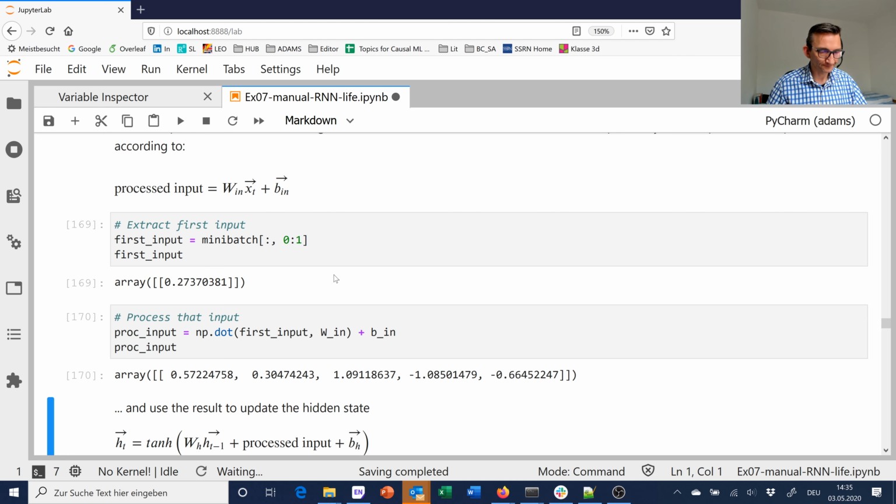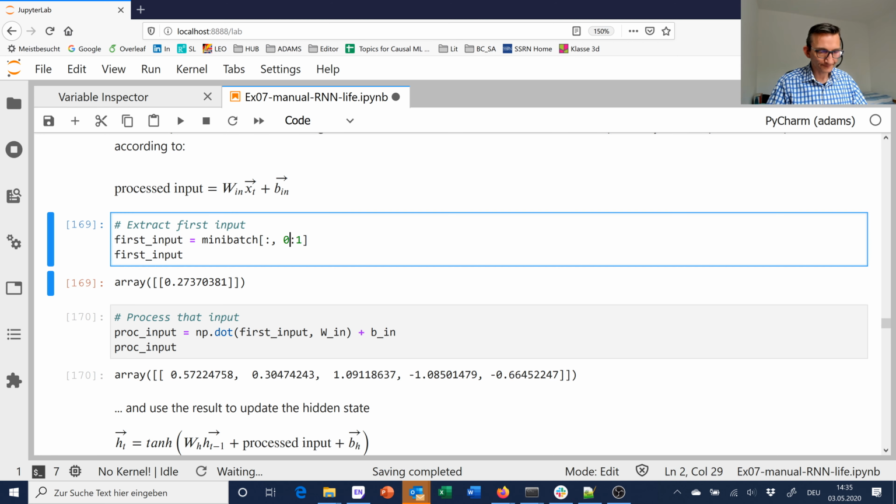And this bit of code, which to me looks more intuitive, because we start with the first element in our mini batch, the first element in the sequence, in the second dimension of our mini batch. Remember, the second dimension, the second axis, is the window.